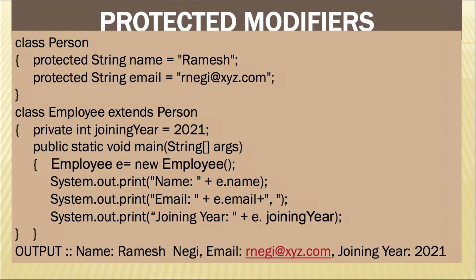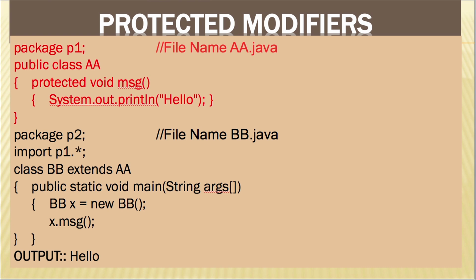So this is the protected member modifier, and we have one more example of this protected modifier. Here we have two packages, package P1 and package P2. Inside package P1 we have class AA, and inside this class AA we have a protected void message method, and in the message method we simply print hello world.